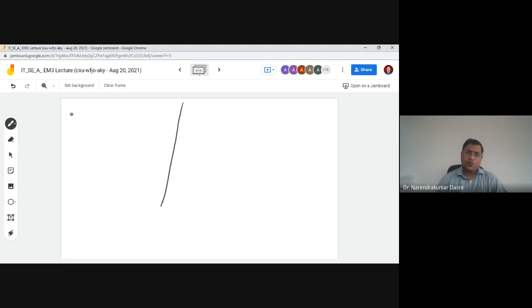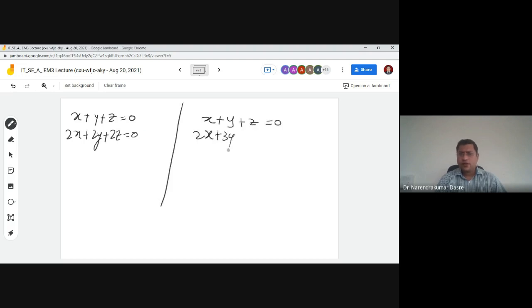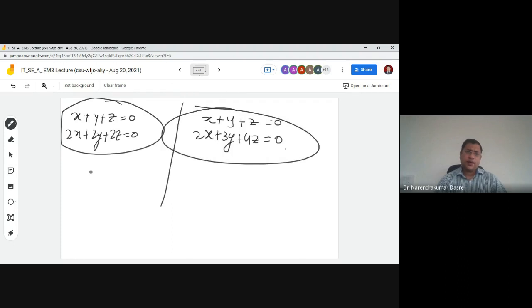System 1: x plus y plus z equal to 0, and 2x plus 2y plus 2z equal to 0. System 2: x plus y plus z equal to 0, and 2x plus 3y plus 4z equal to 0.